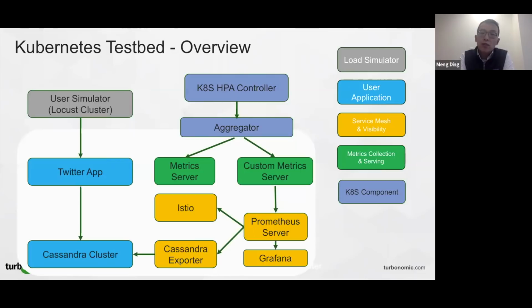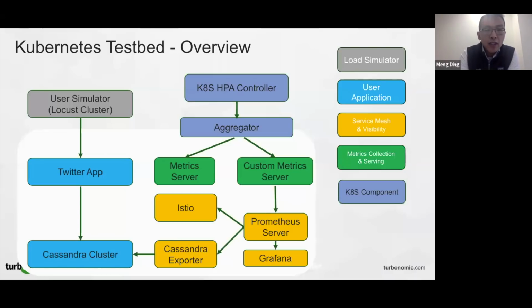And the green boxes are the metrics servers. This includes the default metrics server that is used to collect the CPU and memory usage, and also the custom metrics server that is very important for experimentation to collect custom metrics like response time and transactions. And of course, these metrics servers can be accessed through the Kubernetes API aggregator framework, basically to unify the endpoints.